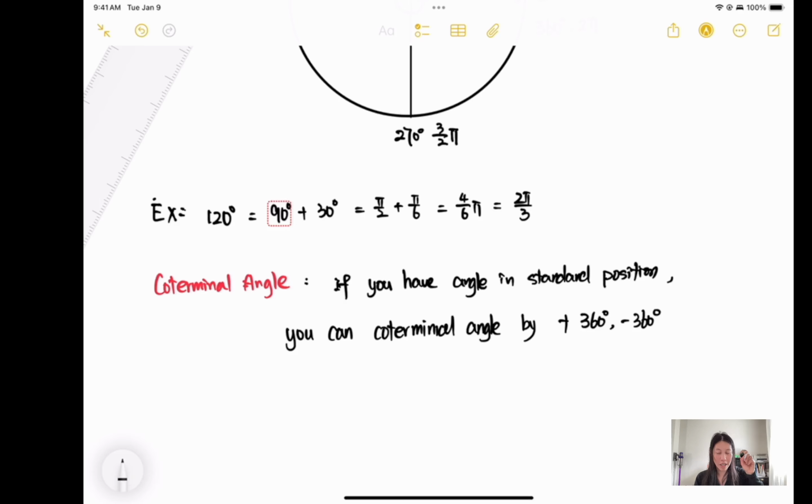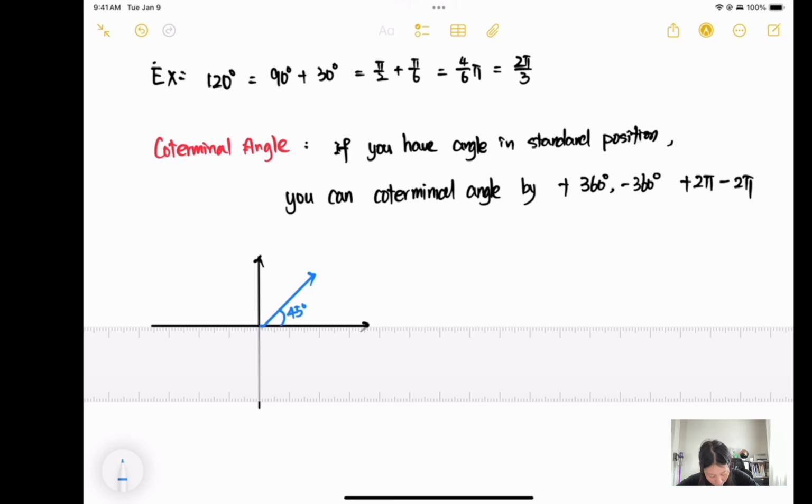For example, this one. And it's a 45 degree angle in a standard position. It's very important that you are in the standard position to apply this one.